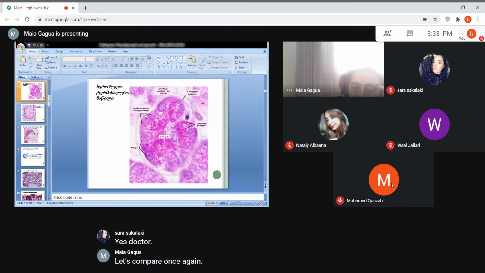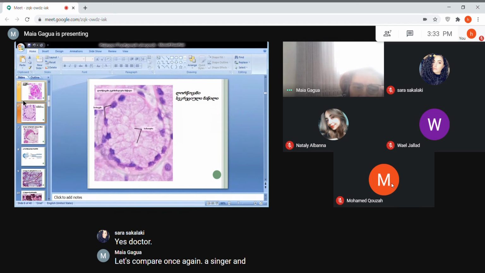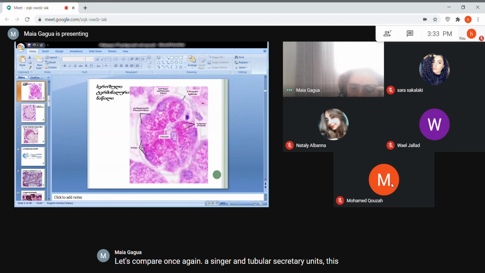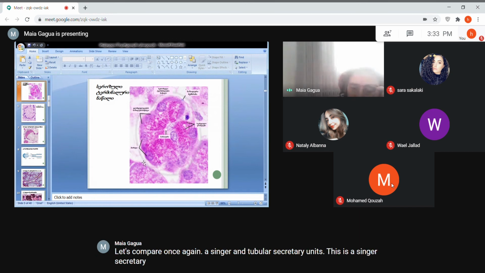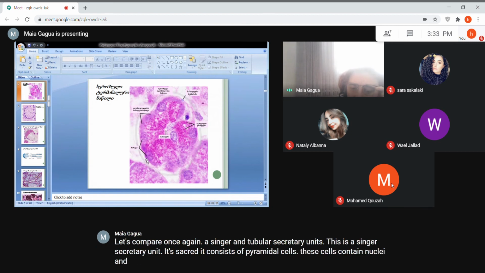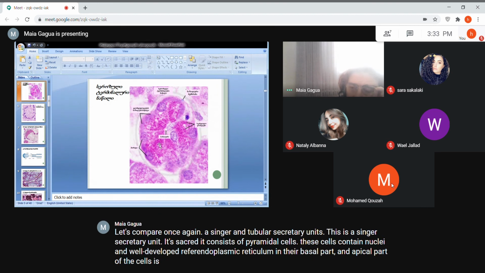Simple and tubular secretory units. This is a single secretory unit. It's sac-like. It consists of pyramidal cells. These cells contain nuclei and well-developed rough endoplasmic reticulum in their basal part. And the apical part of these cells is filled with secretory granules.